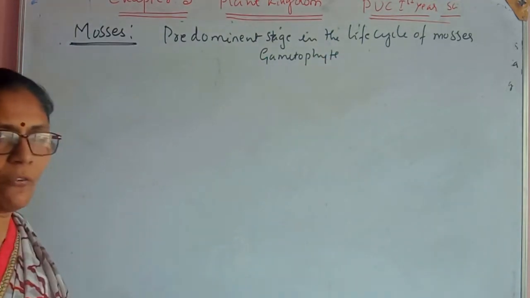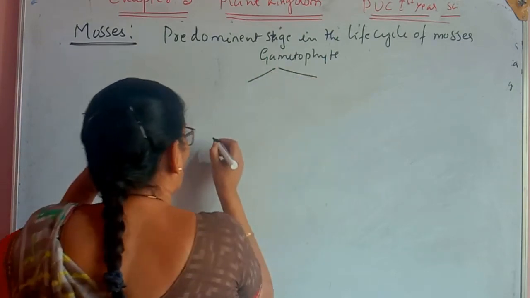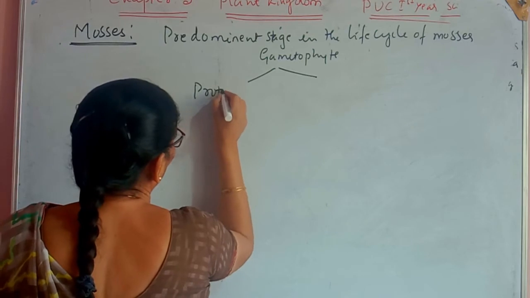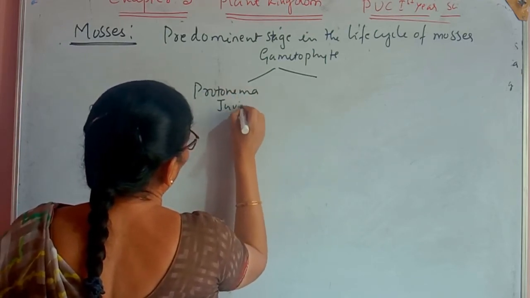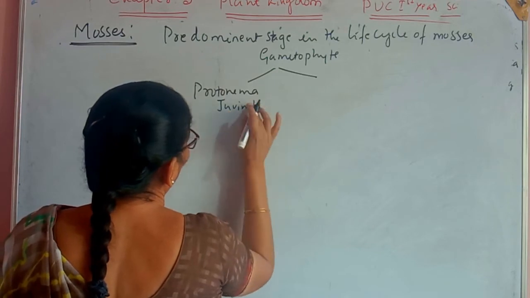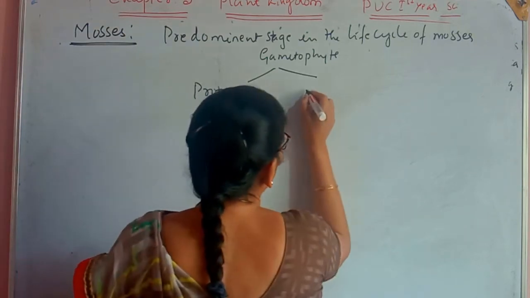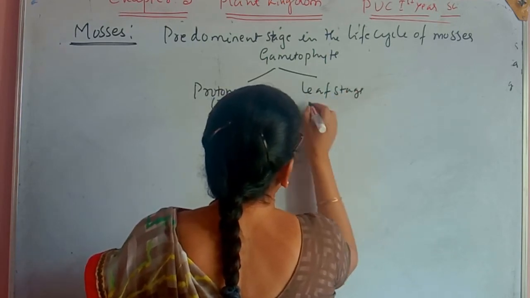And this gametophyte has 2 stages. One is the protonema, which is also called the juvenile phase, juvenile stage, and the other is the leafy stage, which is also called the mature stage.